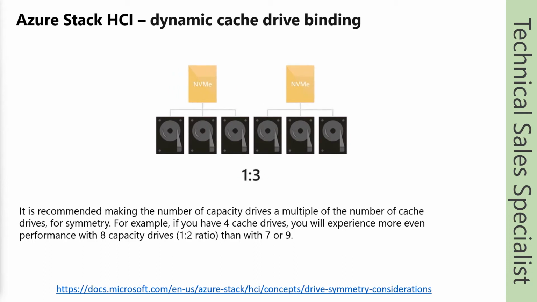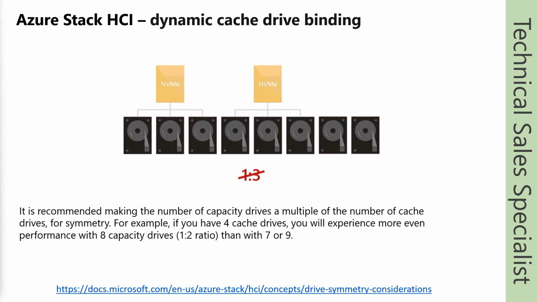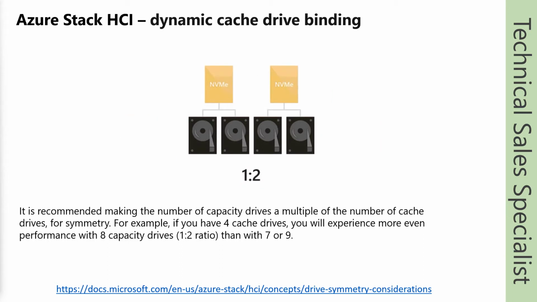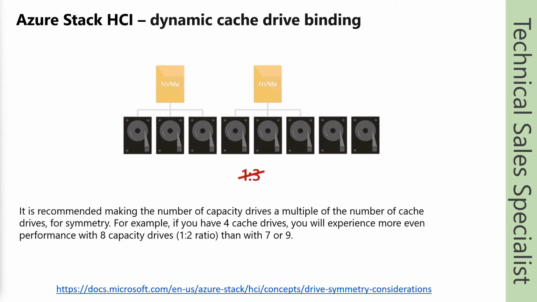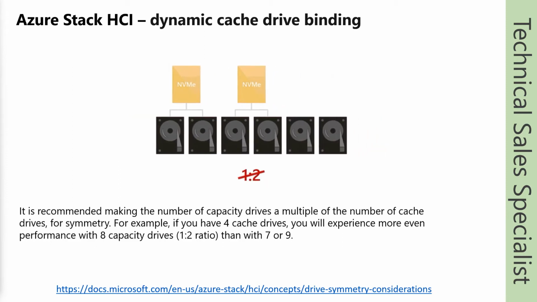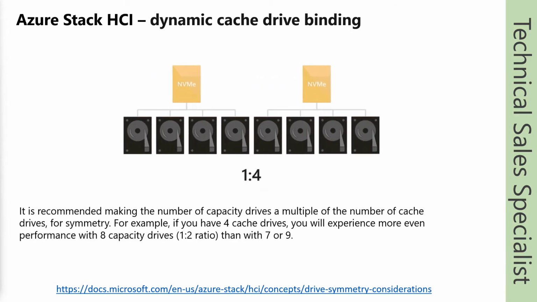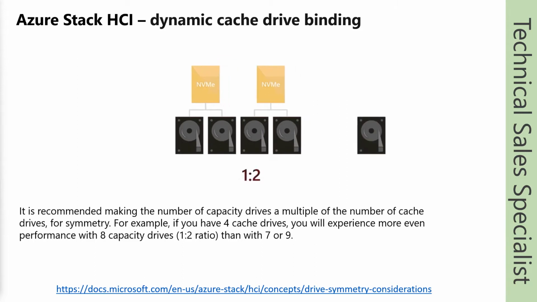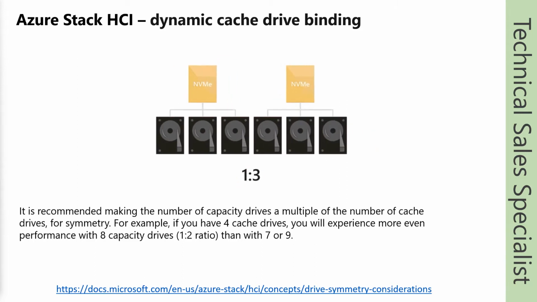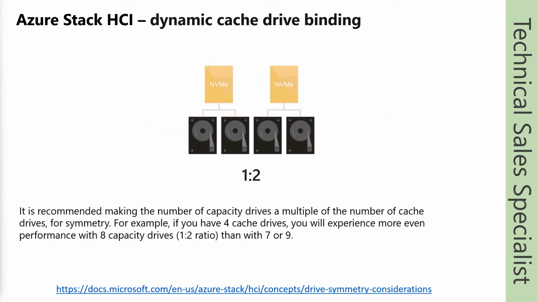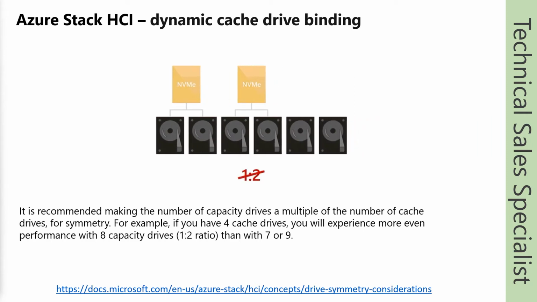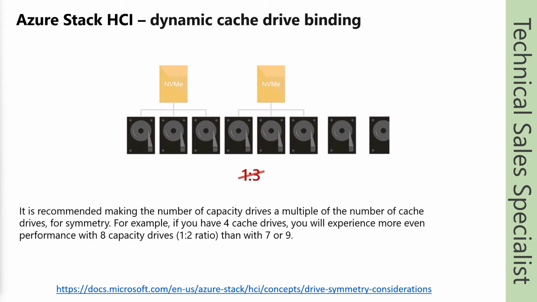It's not good to have on the left NVMe 3 capacity drives and on the right-hand NVMe only 2 capacity drives. So if we start with 2 cache drives and 4 capacity drives, we always should add 2 drives or 4 drives or 6 drives in each server. If we start with 3 cache drives and 6 capacity drives, we always should add 3 additional capacity drives in each server.